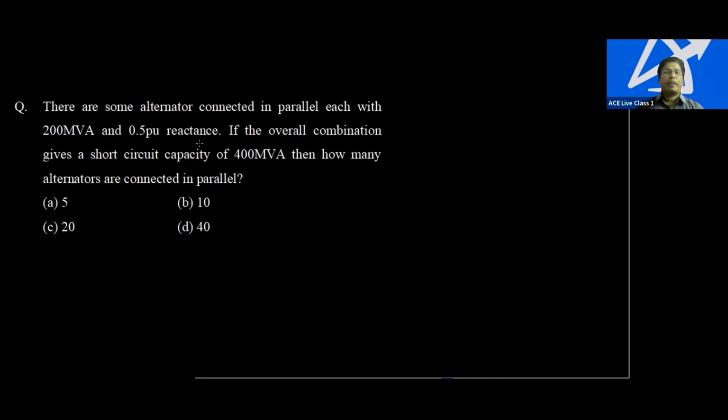One more question. There are some alternators connected in parallel, each with 20 MVA and 0.5 per unit reactance. The overall combination gives a short circuit capacity of 400 MVA. Then how many alternators are there in parallel? We know that MVA SC is nothing but MVA base divided by Z per unit.